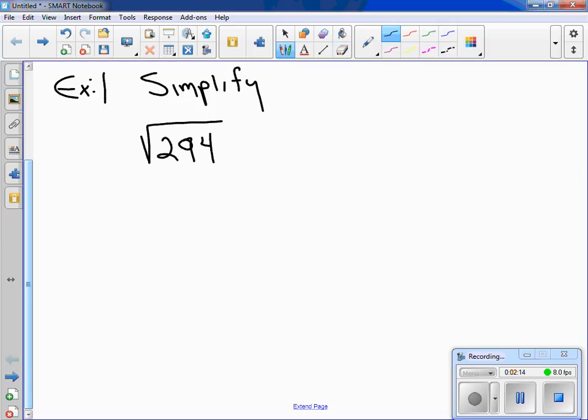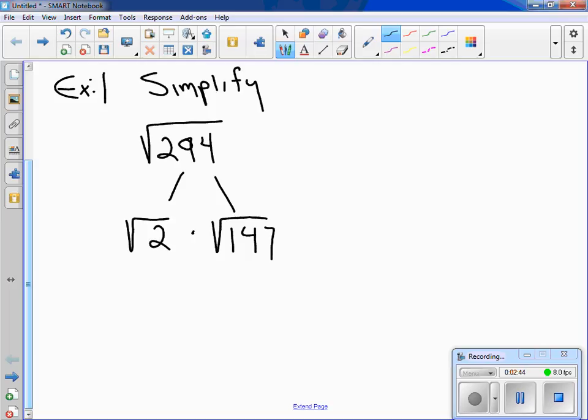The way that looks, 2 and 147. So if I multiply, you can check on your calculator, 2 times 147, I get 294. This is the same as radical 294 can be broken down to radical 2 and radical 147.